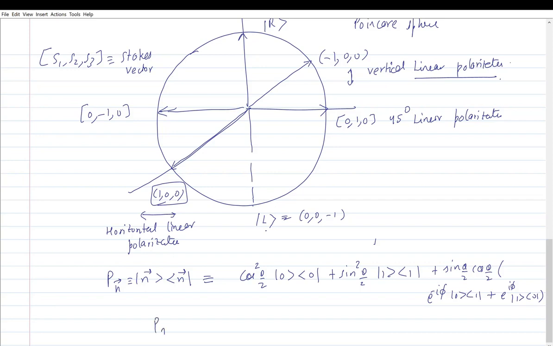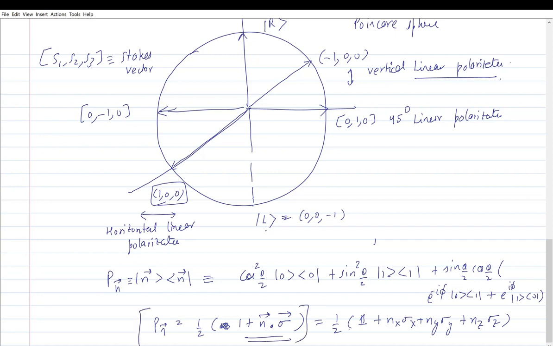That's going to be this guy. So this is a short form of writing a projector, which is going to be n dot sigma.